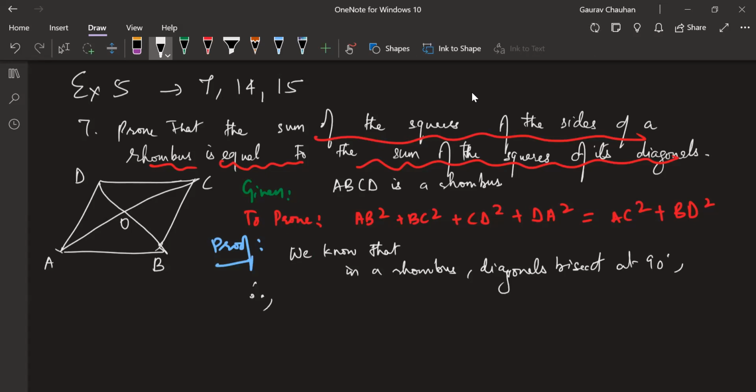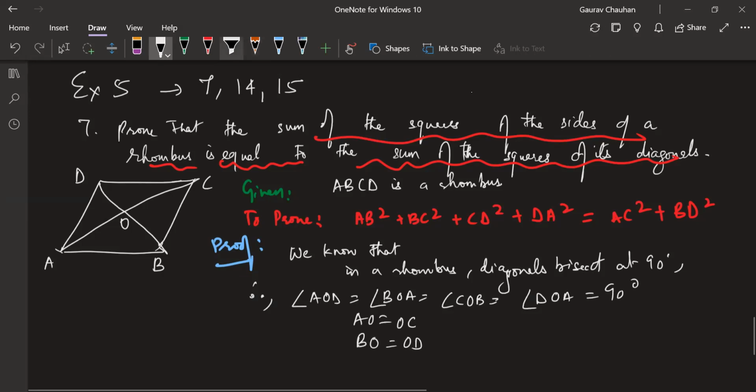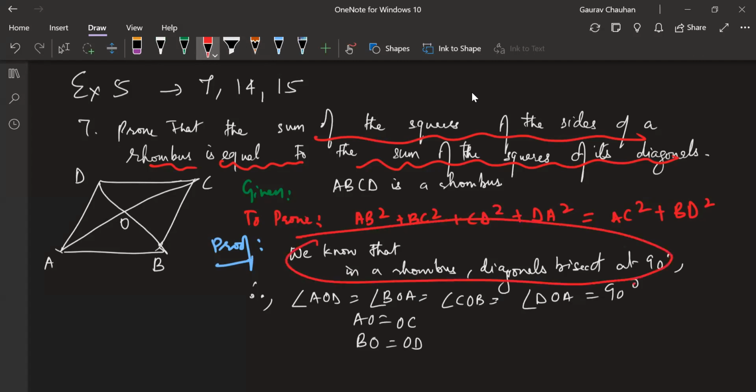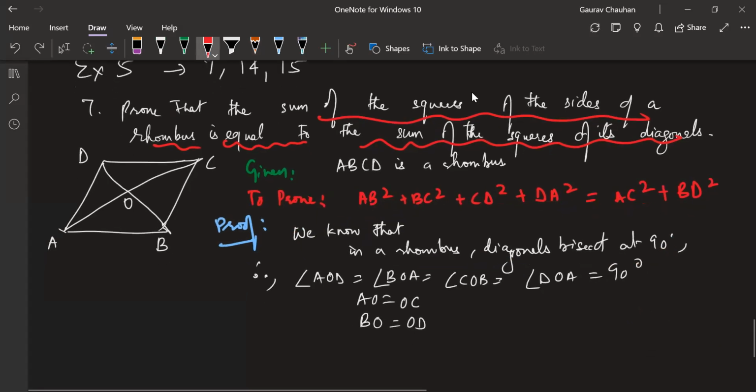Therefore, angle AOD is equal to angle BOA is equal to angle COB is equal to angle DOA is equal to 90 degree, and also AO is equal to OC and BO is equal to OD. The reason I have written above. You can also write the reason in brackets, your choice, whichever way you want to approach this.